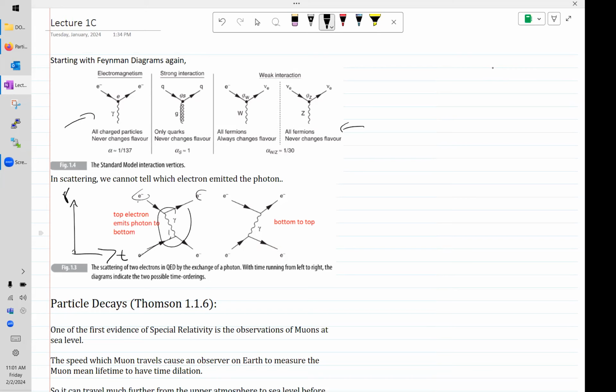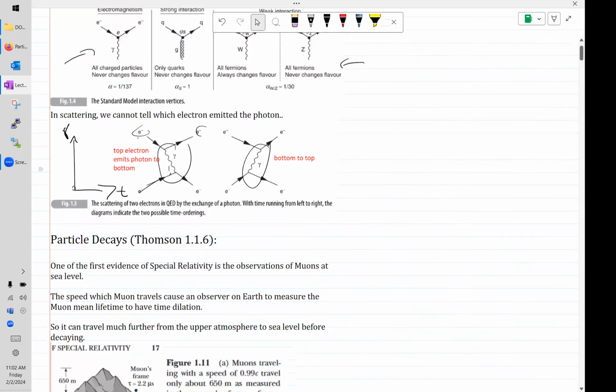And remember that we cannot tell which electron emitted the photon. On the left diagram, it's the top electron that emitted the photon. On the right diagram, it's the bottom electron that emitted the photon.